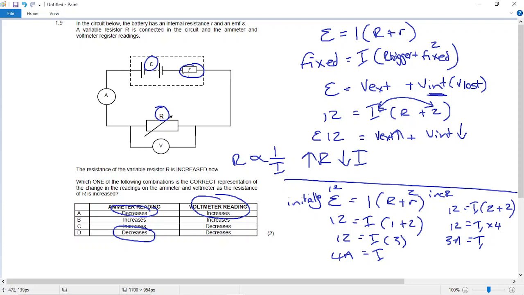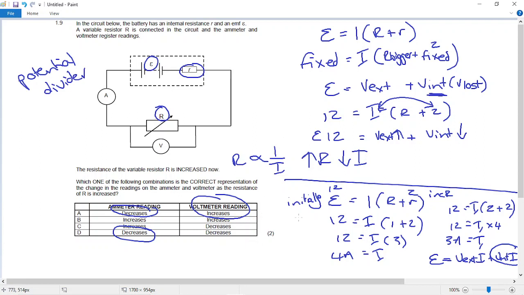But if we want to know the voltmeter reading, it is the voltmeter reading on the second one, and then we're just going to go E equals V external times I plus V internal times I. If you put the numbers back in here again with the 3 amps that you've just calculated, you will work out that this number gets bigger, and because these two are in series, a series circuit is a potential divider, and it must add up to the EMF of the cell.